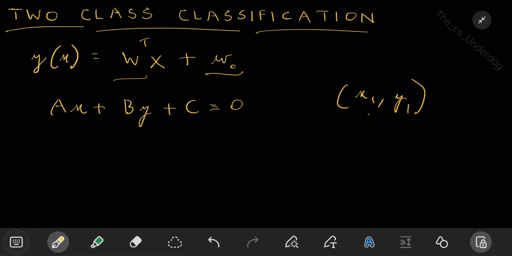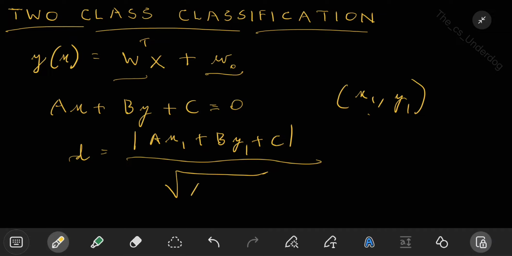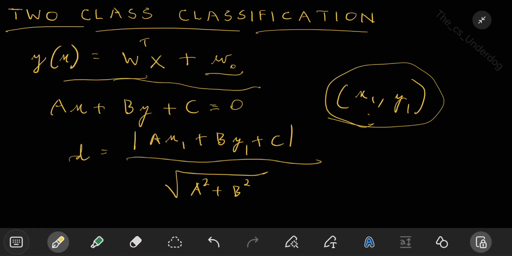This is the formula. That is, the distance will be equal to mod of ax1 plus by1 plus c whole divided by root of a square plus b square. This is the formula that is used in order to find the normal distance from the point x1, y1 to the line ax plus by plus c equal to 0.